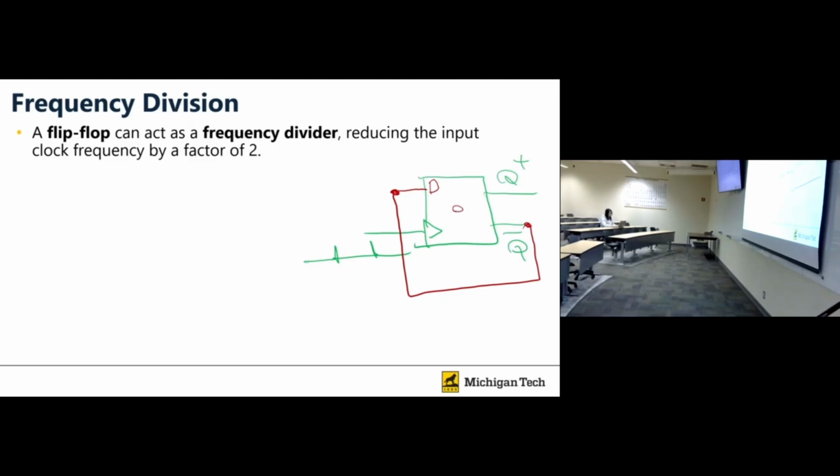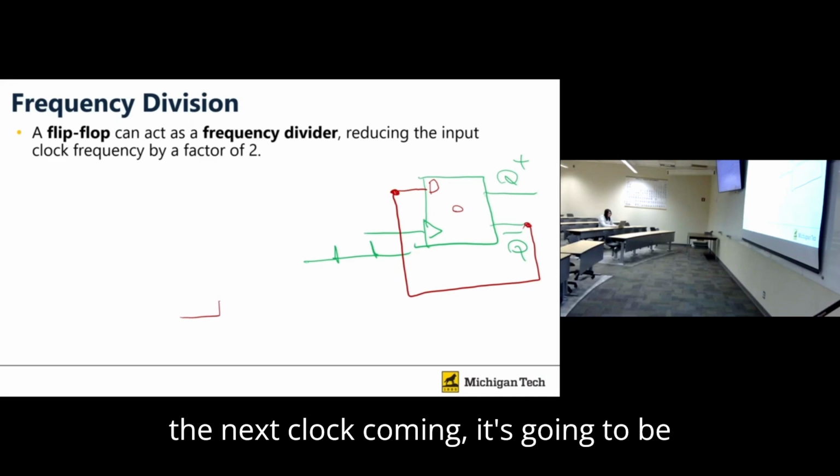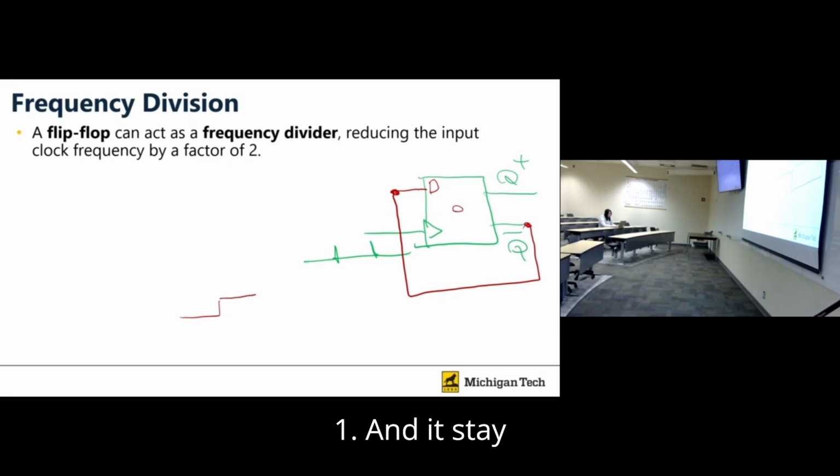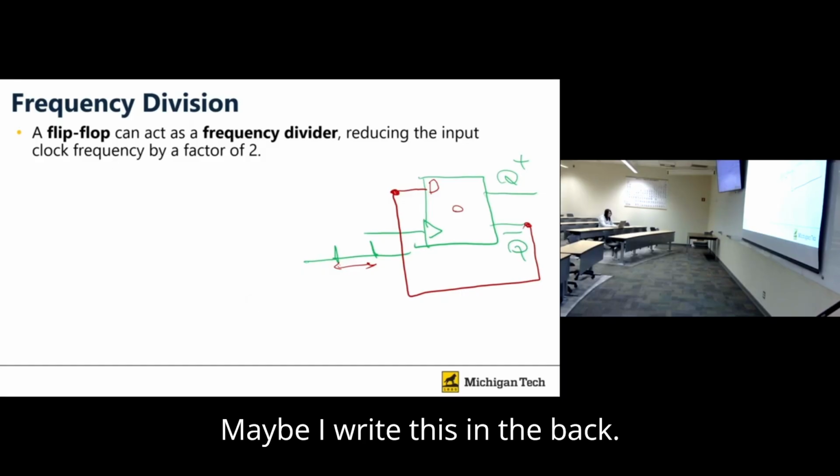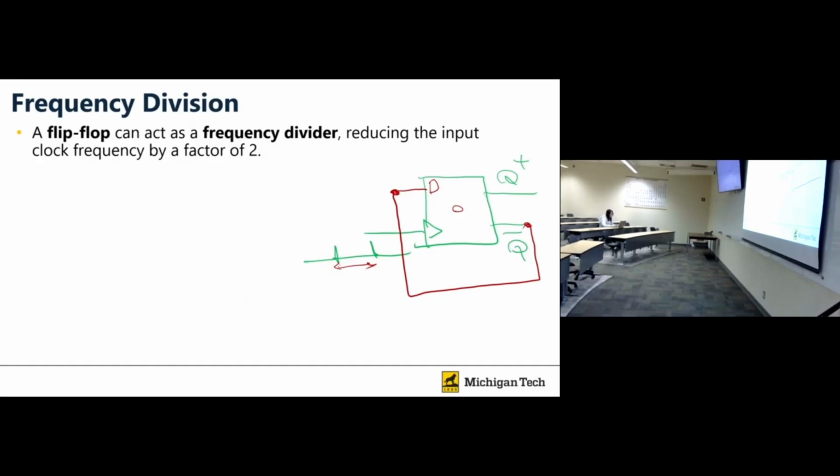Imagine it was 0. When the next clock comes, it's going to be 1 and stay.